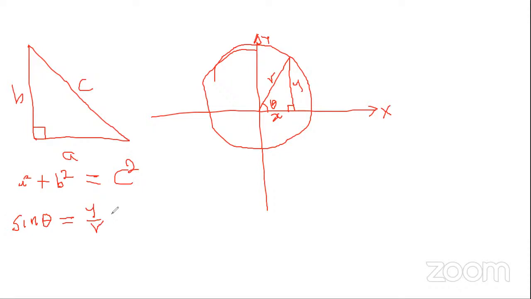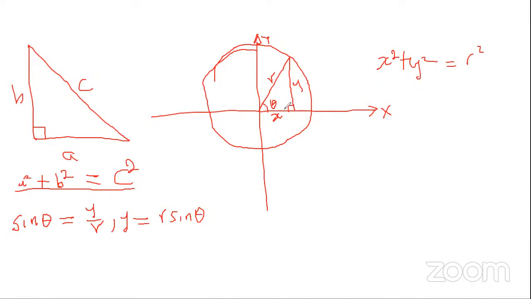At the end we want to substitute it in this equation, so we expect to have x squared plus y squared is equal to r squared. So here we are going to make y the subject. When we multiply, y is going to be equal to r sine of theta.